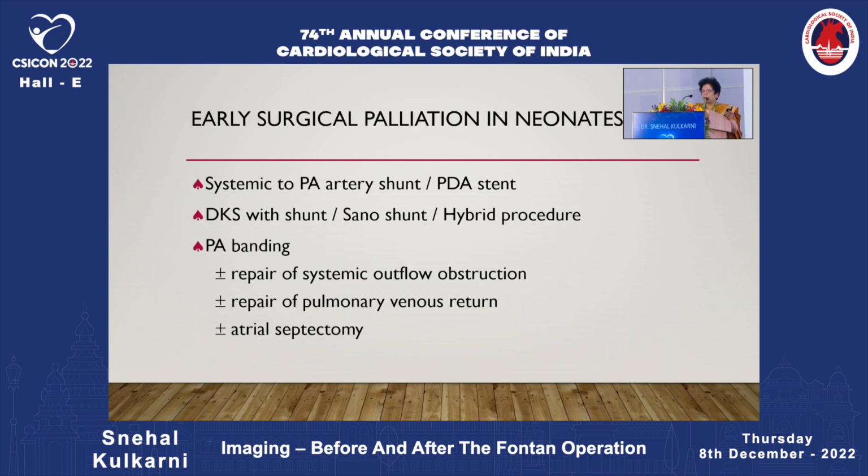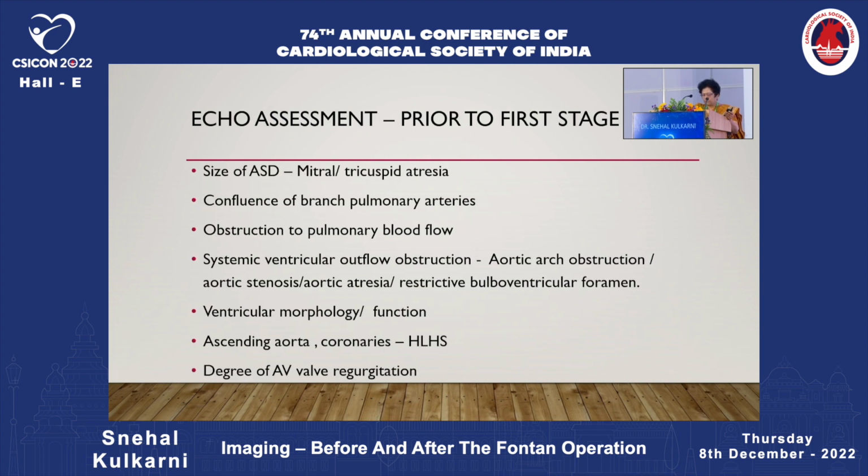So early surgical palliation in neonatal life is required in the form of aortopulmonary shunts, PDA stents, or a DKS-like procedure in hypoplastic variants, or pulmonary artery banding. In addition, repair of systemic outflow, repair of pulmonary venous return, or wide atrial septectomy.